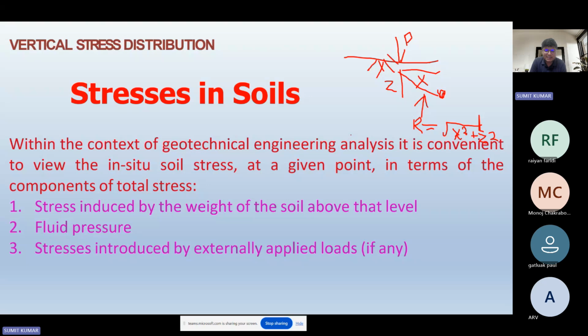And it is quite evident, if you have read some literature, that before Karl Terzaghi, all the analysis followed the total stress approach. But a lot of structures got built on the total stress approach.